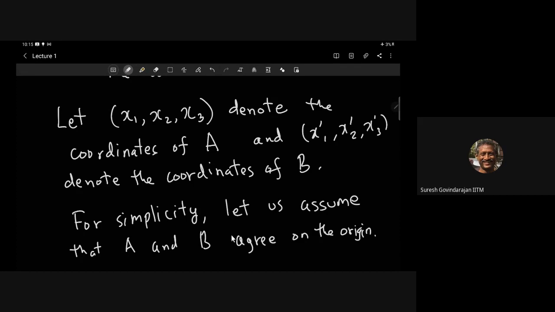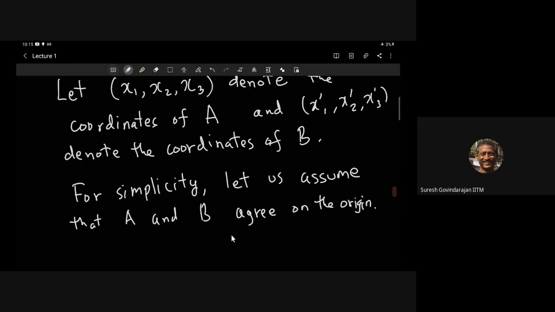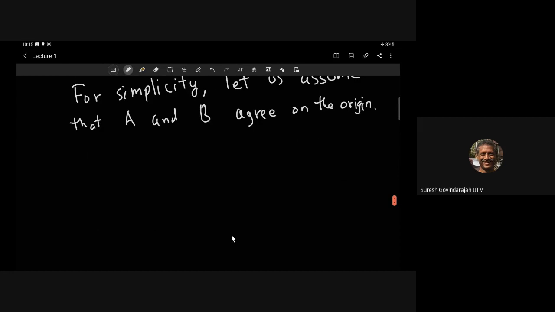Okay, so x1, x2, x3, all of them being 0 is the same as x1 prime, x2 prime, x3 prime being equal to 0.